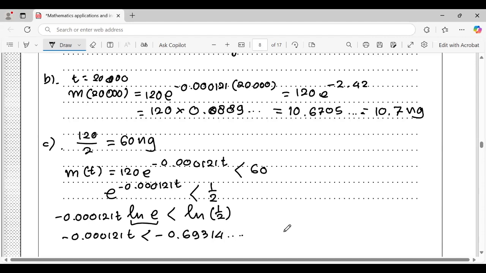So t is greater than or equal to, because this is minus, this number divided by this number, and the result is 5,728.489.